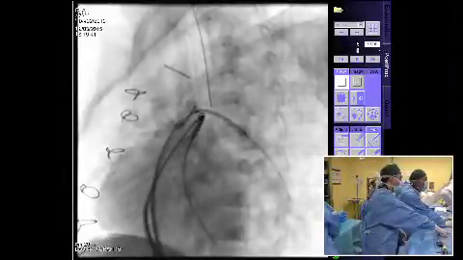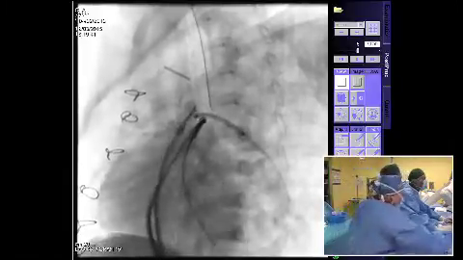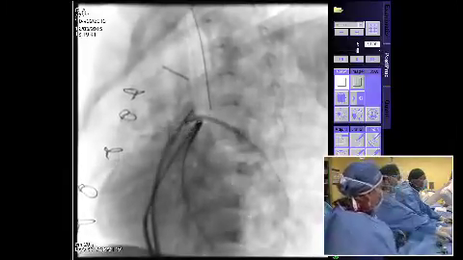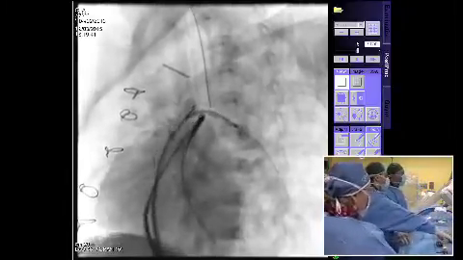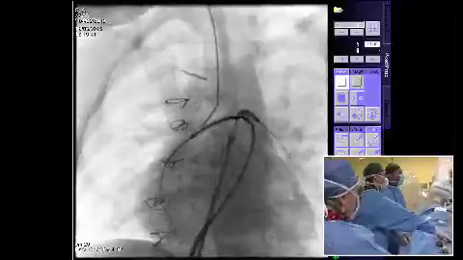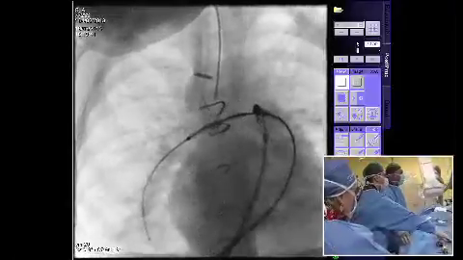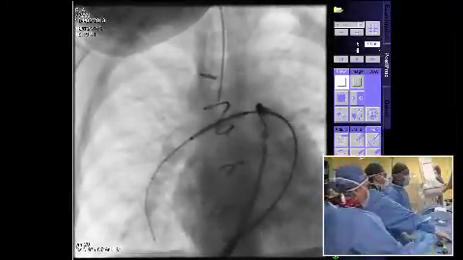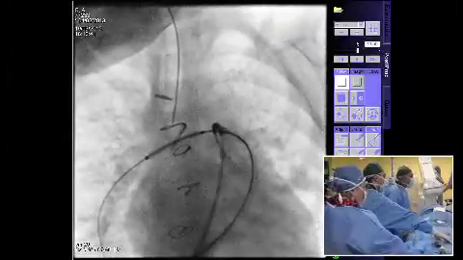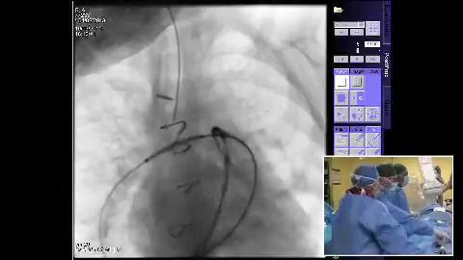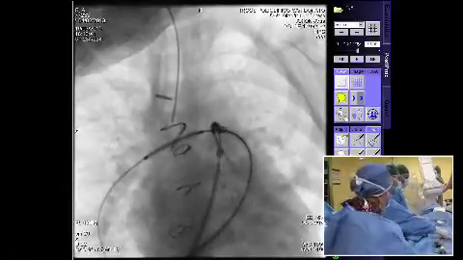I think so. Okay, it looks better to me. We believe it's good and we wouldn't go much further back. Yeah, and we may overlap the other stent also. What do you think? Facciamo un angio qui? I think, yeah.